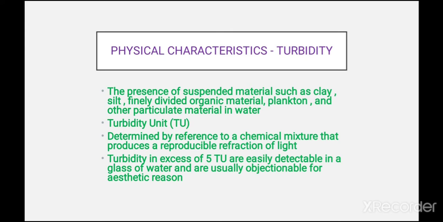The main physical characteristics are turbidity, temperature, color, taste, and odor. Amongst these, we know a potable drinking water should be colorless, it should be odorless, and there will not be any specific taste to it.